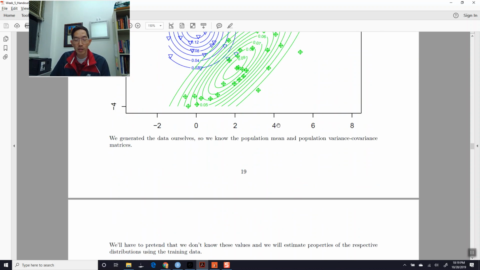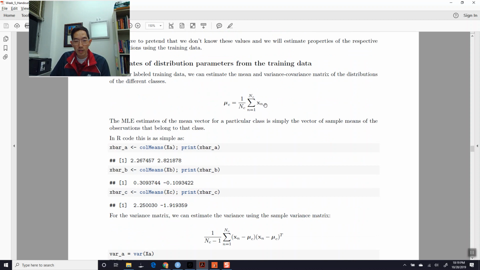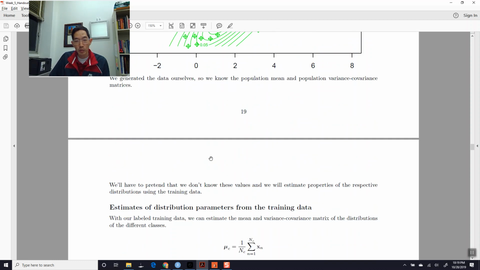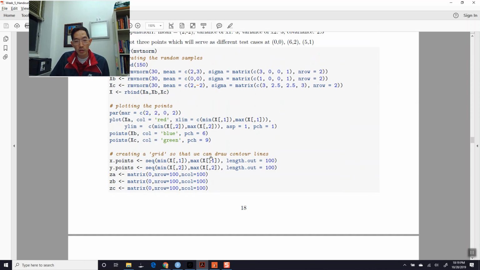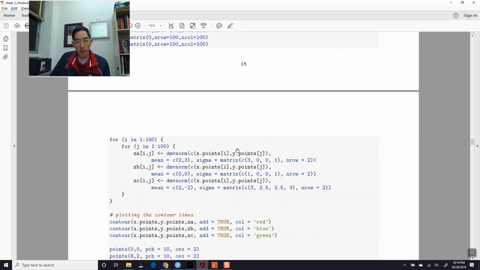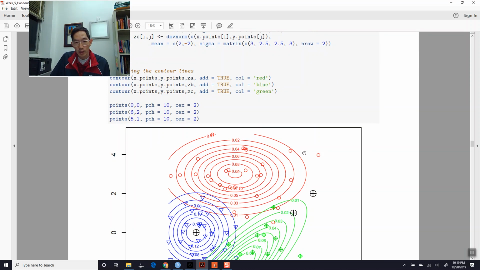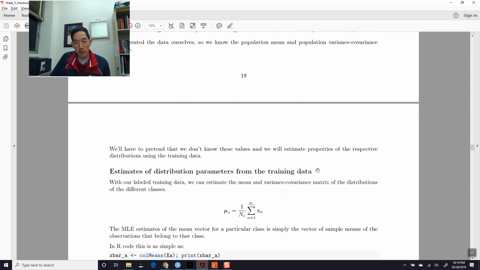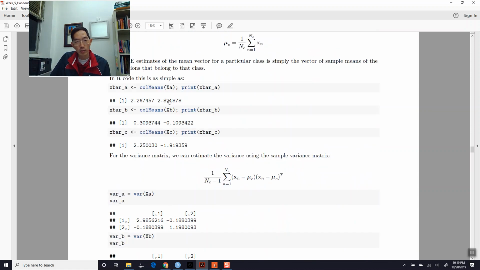We take the dots that show up in our data and calculate the means. We just take the column means of x, and we get a mean of 2.267 and 2.82. Whereas when we generated the data, we know that the mean is actually 2, 3. But when we estimate it from the dots that appear in our data, we're getting a mean of 2.26 and 2.82.